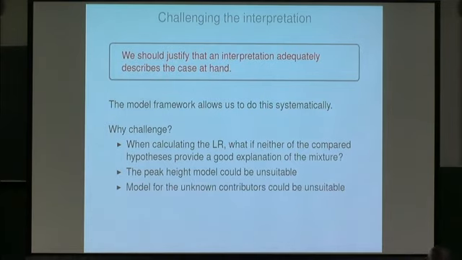Maybe the model for the unknown contributors is unsuitable. If I actually have an Afro-Caribbean person, maybe using the UK Caucasian frequencies is really unsuitable, and that would show up in a model checking method. And then there could also be some simple things, like I thought that the stutter filter wasn't on.